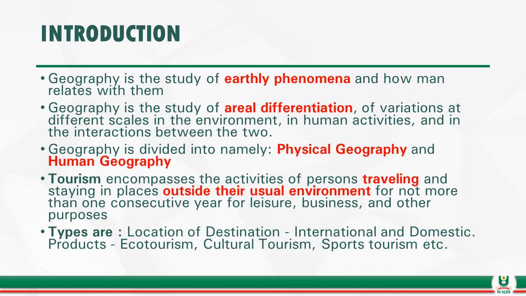Domestic tourism is activities that you engage in your home country. And on products, we have ecotourism, cultural tourism, sports tourism, religion tourism, classroom tourism, witchcraft tourism, sex tourism, etc., as many as possible.